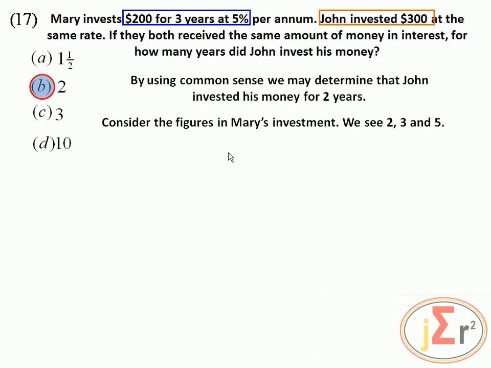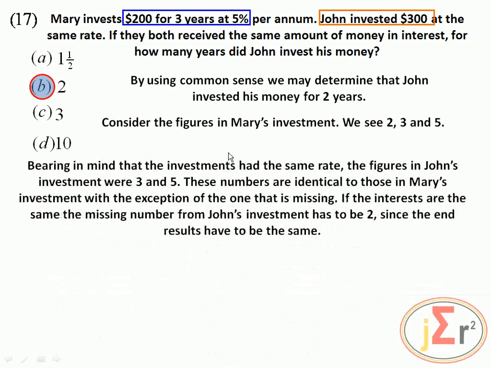What about John's investment? Bearing in mind that the investments had the same rate, the figures in John's investment were 3 and 5. So the rate is the same. So we have this 5 that will also be a part of John's investment.